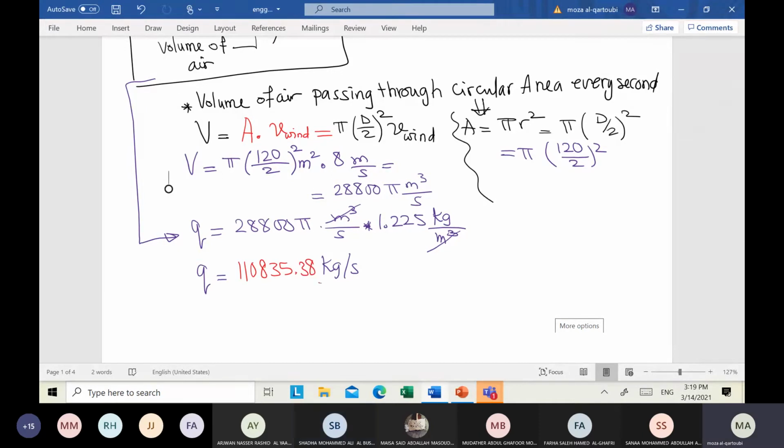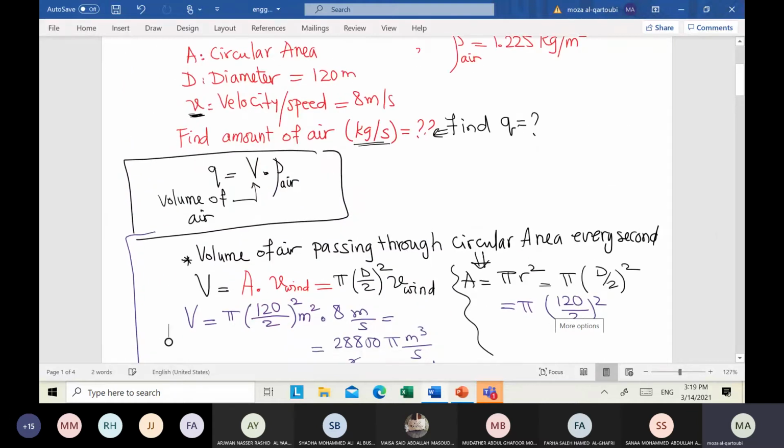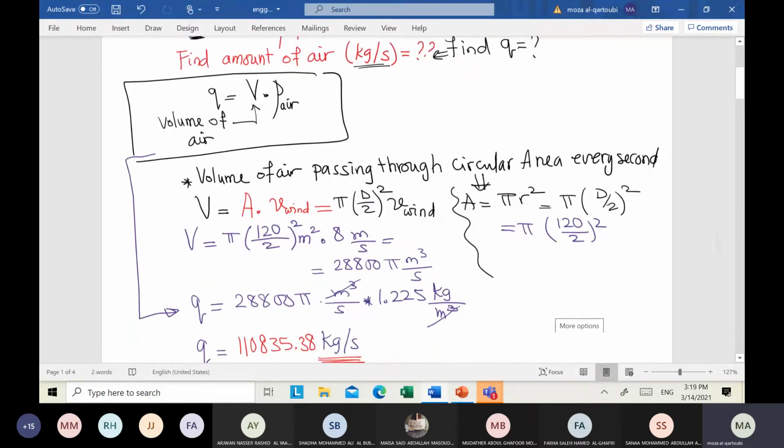So this is the answer to the question, which asks to find the amount of air in kilogram per second. So we found it now.